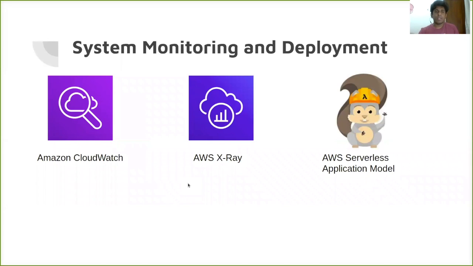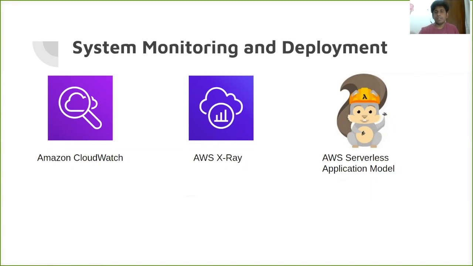Another layer would be system monitoring and deployment. When it comes to any application, the monitoring and deployment parts come in. We have really high standards there. When it comes to monitoring, one of the popular solutions in AWS is Amazon CloudWatch, and we can use AWS X-Ray to track the request, where it goes and what resources are being used.